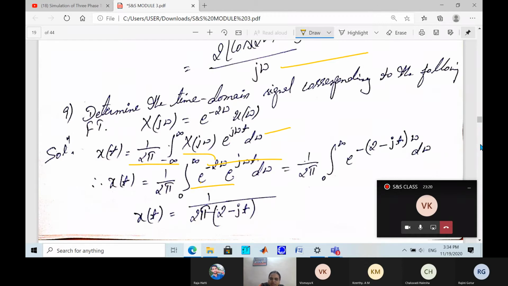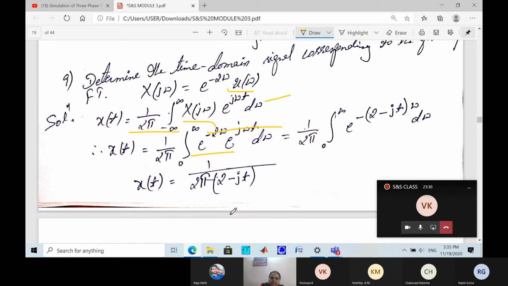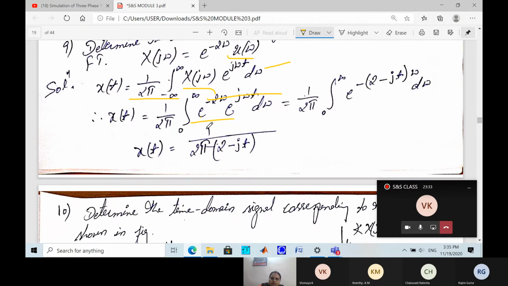And the limit is going to change here because it is a unit step function u of omega, so it varies from 0 to infinity. Therefore, if you solve for this, you get x of t equal to 1 divided by 2 pi into 2 minus j t. Just apply the limit. When you apply the lower limit, that will be enough, right?